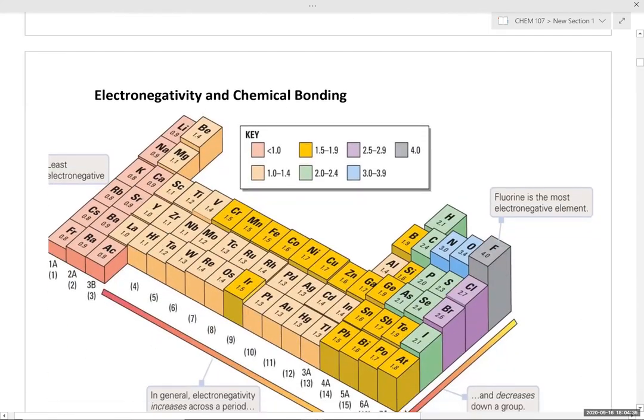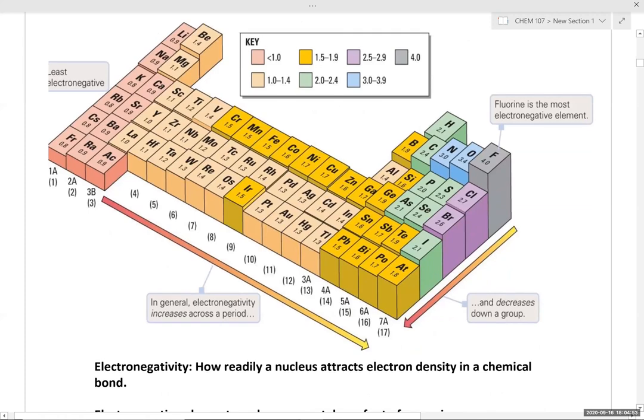So let's talk a little bit about electronegativity. What is electronegativity? Electronegativity is a measure of how readily a nucleus attracts electron density in a chemical bond.